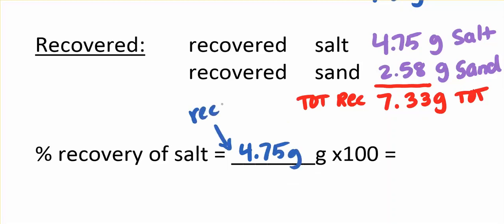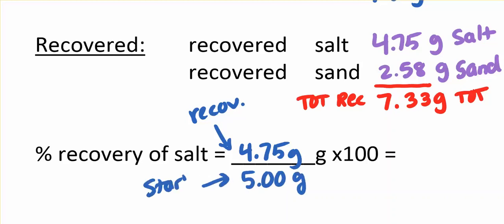This is the recovered, divided by what we started with, times 100. And we're going to follow our sig fig rules. Now our calculator will just say 95 when you divide this times 100. But we need 3 significant figures because these numbers each have 3 sig figs. So I'm going to rewrite that with 3 sig figs by adding a 0.